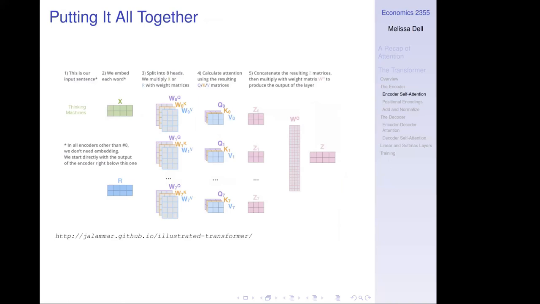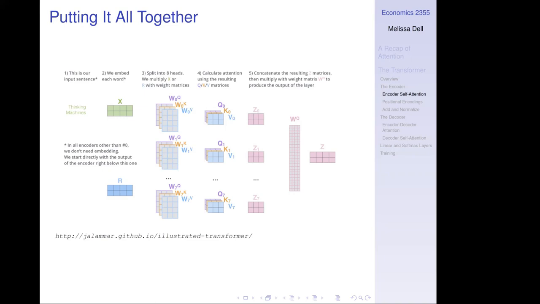So just to put it all together, we start with a sequence that we want to input. So in this example, we call it thinking machines, and we embed each word by looking it up in a table. And then we split into 8 attention heads, and we multiply that input.